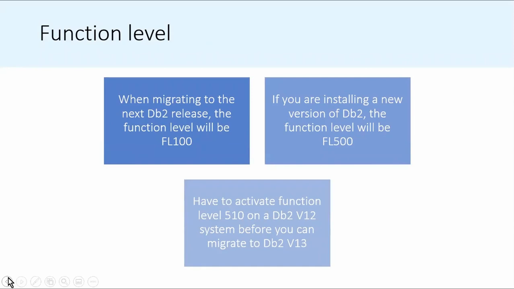If you install a brand new Db2 13, you will actually be at function level 501. To get to Db2 13, you're going to have to be at function level V12 R1M510 before you can start the migration. You're not allowed to migrate to version 13 from anything less than function level 510.